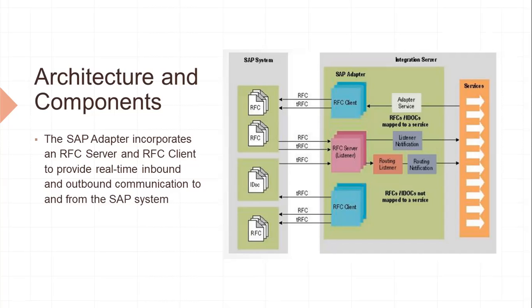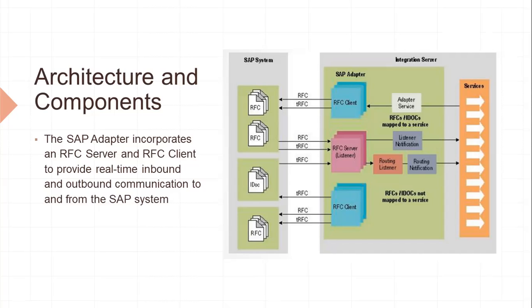The routing listener performs a notification lookup. Let's say the routing listener has done the lookup and found the target notification for that particular incoming message, then it will invoke the routing notification, and that's how the outbound transport gets invoked.